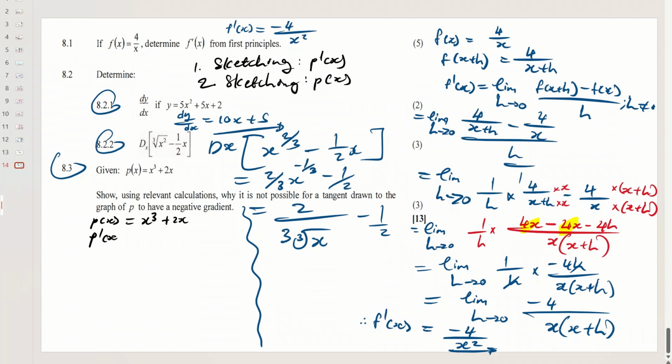So you take the derivative of this, you'll have what? 3x squared plus 2. Guys, trust me here, you don't have the x-intercept. You then have the y-intercept. Why? When you want to find the y-intercept, you replace x with 0.